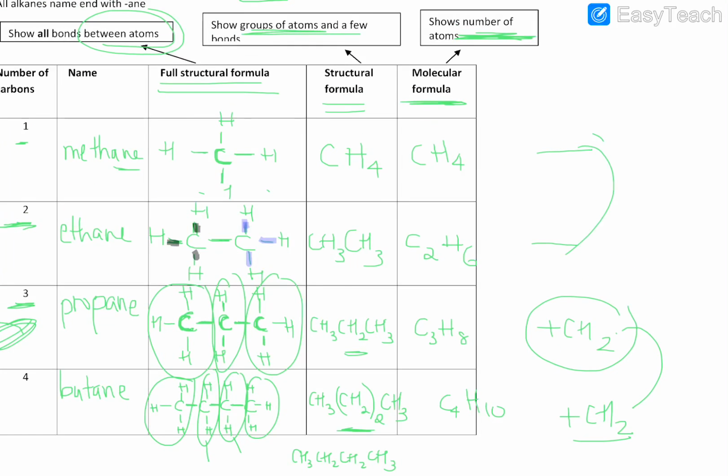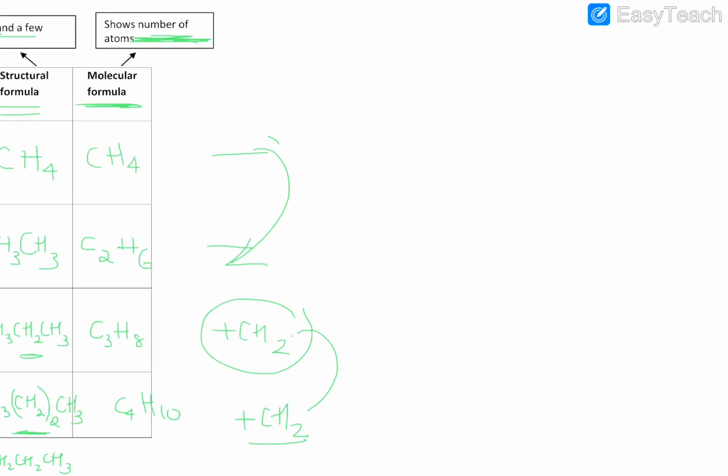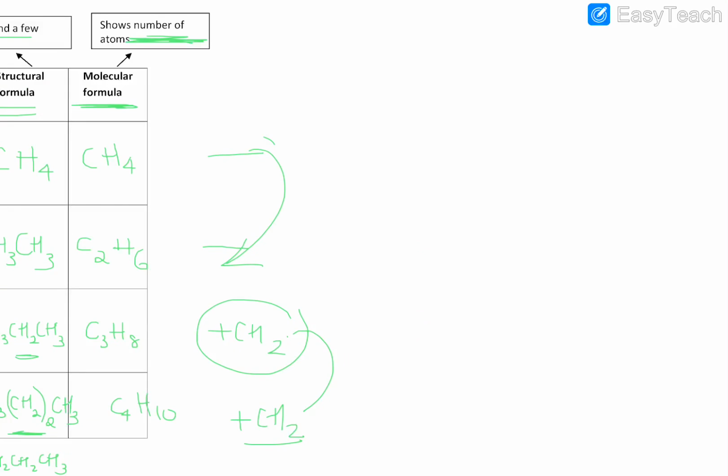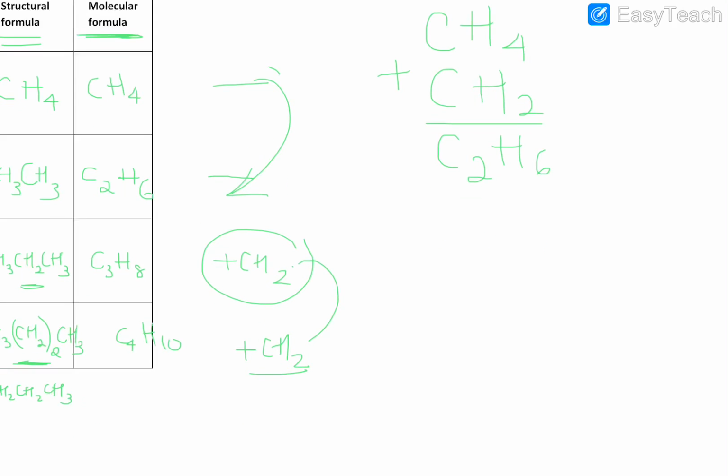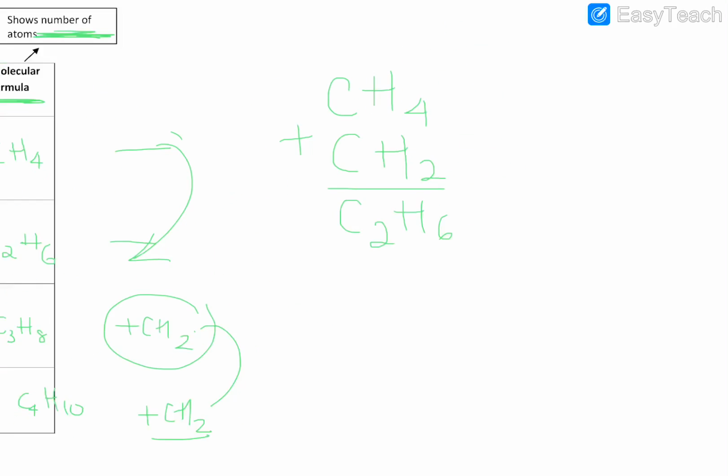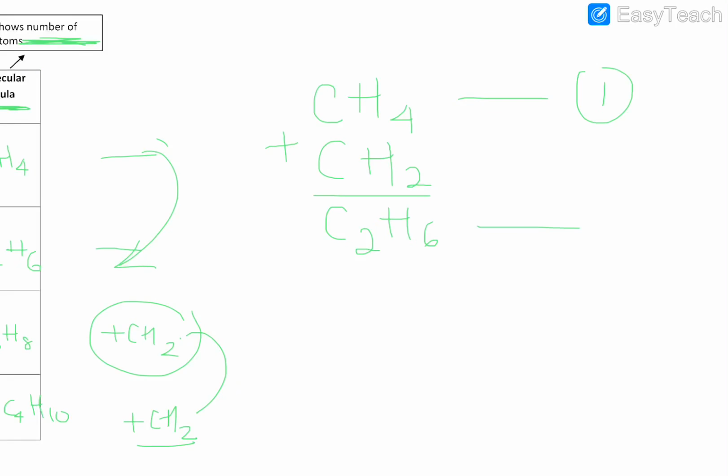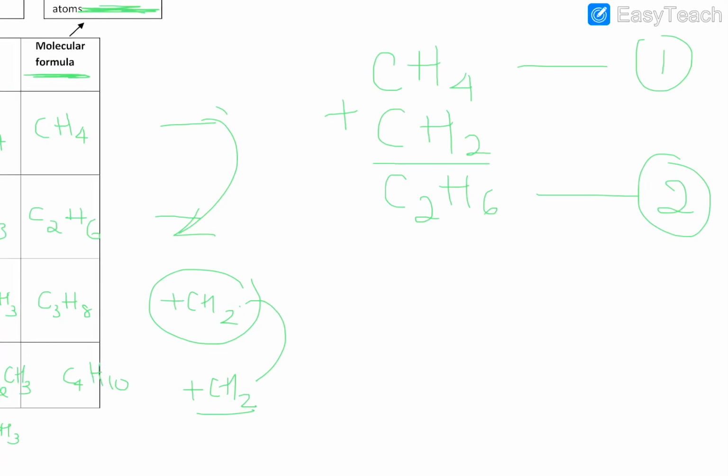In this case, it's a bit less obvious, but if you do the maths, so CH4, it's possible to add these. So CH2, you end up with C2H6. Okay, kind of something like this. So that's the first member. That's the second member of the alkane.